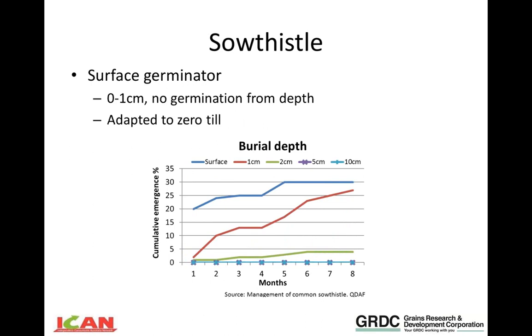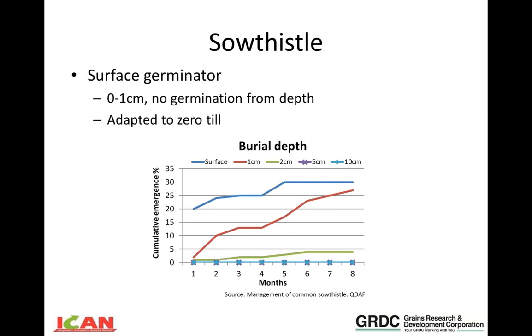Okay, so in this slide we're looking at the results of a study where pots were buried in the field and then seed was buried at various depths. You can see that after 8 months, about 30% of the surface sown seed had emerged, and the result was similar for seeds sown at 1 centimetre depths.